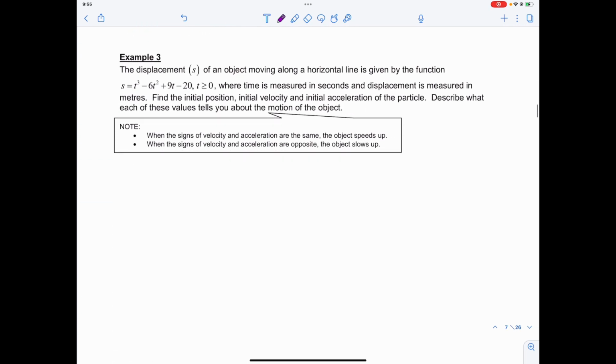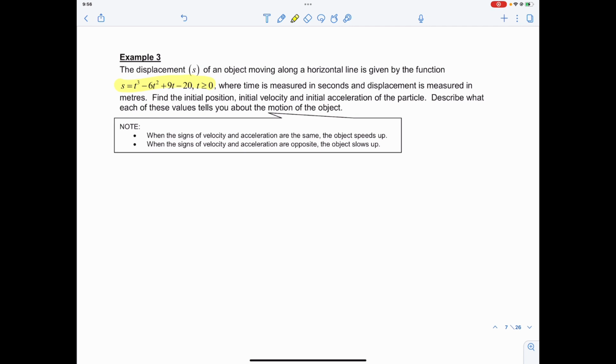All right, let's take a look at one more example. So it says the displacement s of an object moving along a horizontal line is given by this function. s is equal to t cubed minus 6t squared plus 9t minus 20, where t is greater than or equal to 0, where time is measured in seconds and displacement is measured in meters.